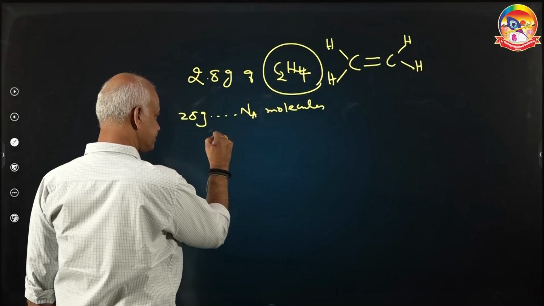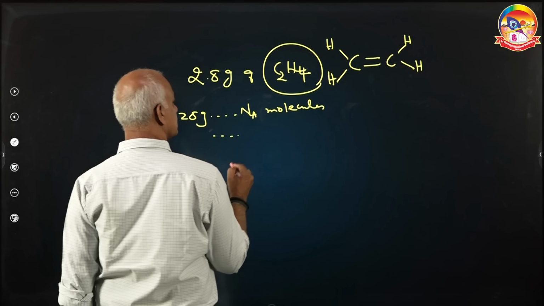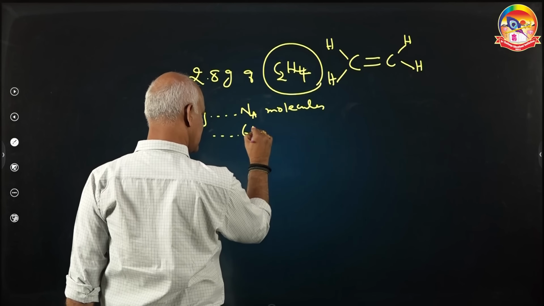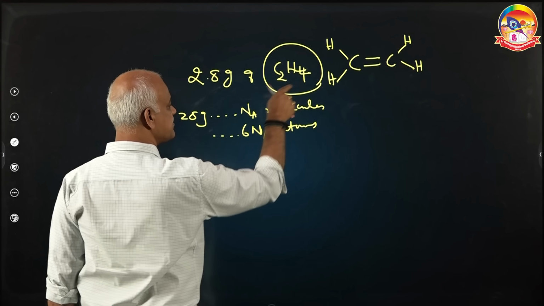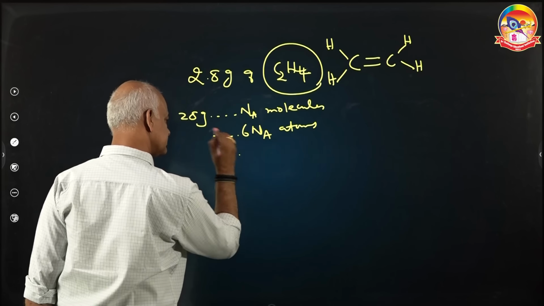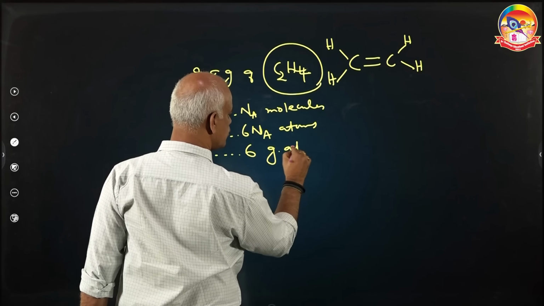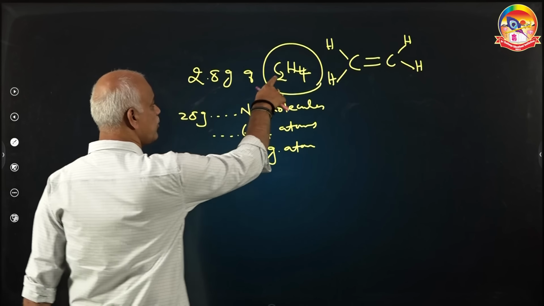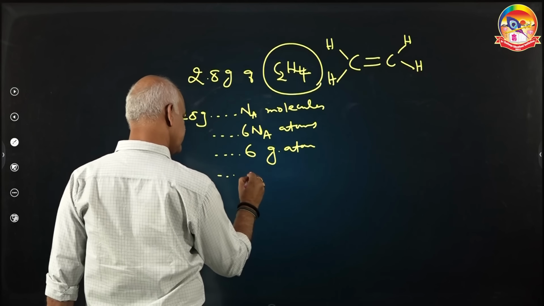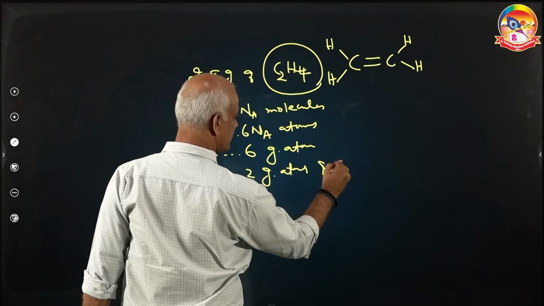Is that okay? Second thing, 6 Na atoms. Is that okay? Because atomicity is 6, it is equal to 6 gram atoms on total. Is that okay? How many carbons are there? 2. 2 gram atoms of carbon.